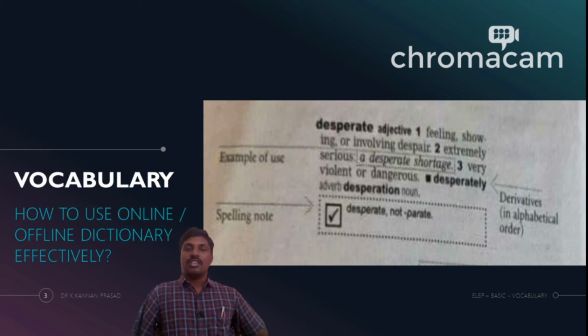So the dictionary is also guiding you to understand that desperate is the right spelling of the word, but not parate, because when we pronounce it desperate, we come to the understanding that desperate might be the right spelling, but then the guide to the dictionary is telling you that is not the case. So you could see how useful a dictionary is.